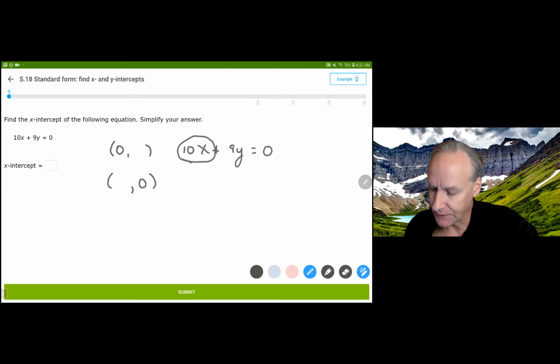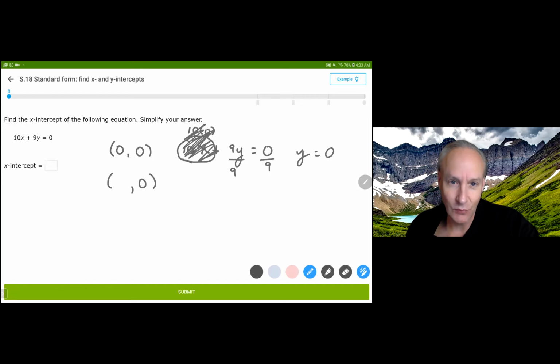The reason is because when you take 10 times 0, it's just 0. So I just cover this up with my hand, and then I look at what I have left, which is 9y equals 0. I'm going to divide by 9 in my head on both sides. Normally I do this in my head, but I'm going to write it down for you. So y is equal to 0. When x is equal to 0, y is equal to 0.